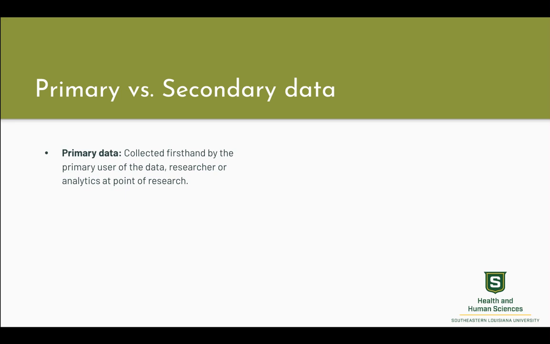Primary data means that the person who needed the data went out and got it from the different people they needed it from. You could have researchers and analysts going out at the time of their research to pull up that information. I'm going to give you an example later so that you don't get confused.